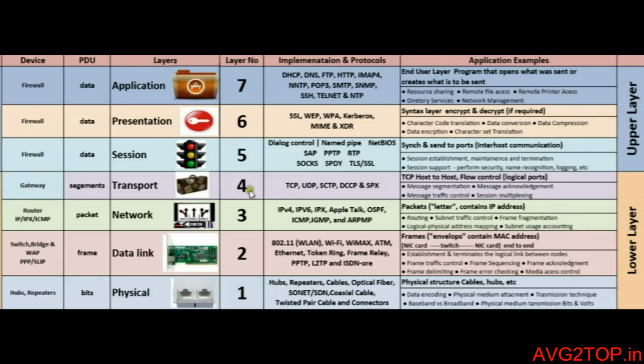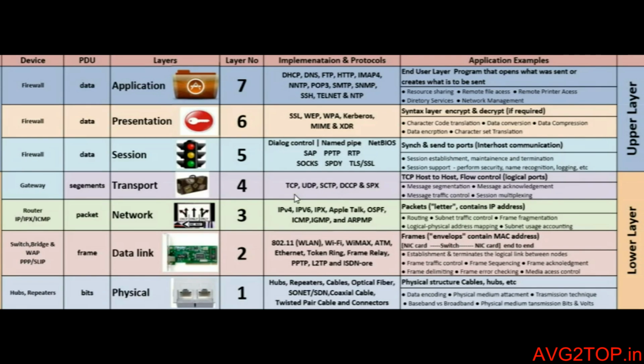And some of the protocols that are implemented are TCP, UDP, SCTP, DCCP, SPX. These are some of the protocols that help us to transport the segments of data from one node to another.